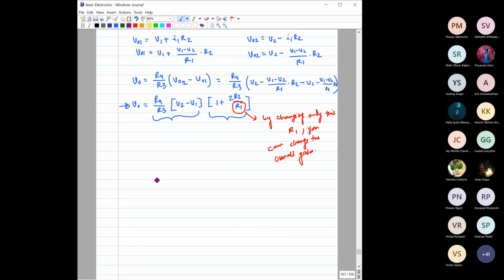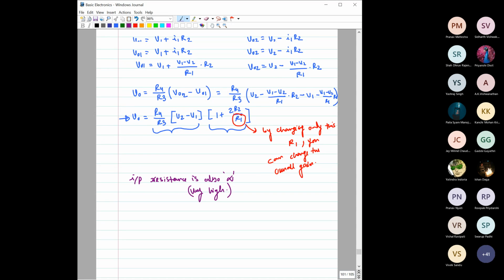So both the issues that we had encountered for the difference amplifier are solved. Input resistance is infinite, basically very high. That is what we desire, right?